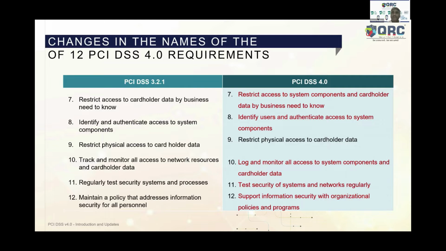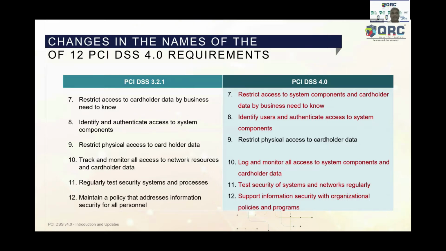The intention and objective were the same in the earlier versions also, but what I understand while reading this is they want to give more clarity in the way they're putting up the requirements. So there is no ambiguity in the statements. Identify users and authenticate them to access the system components. This is what they want to make very clear.